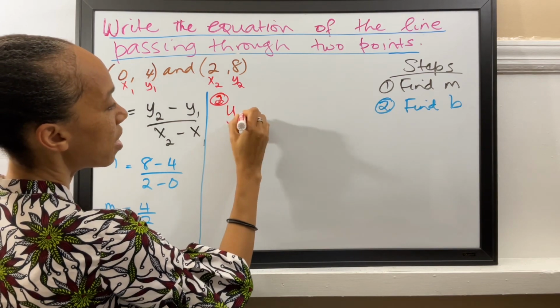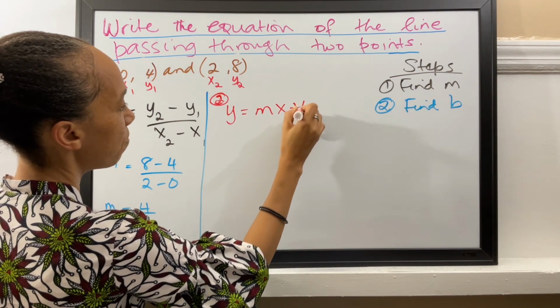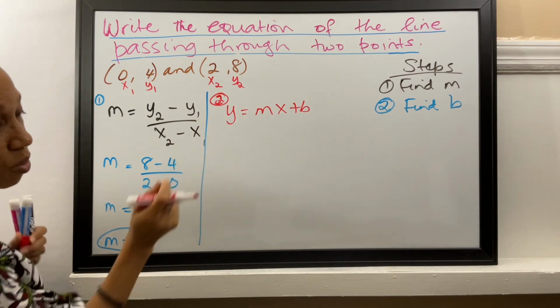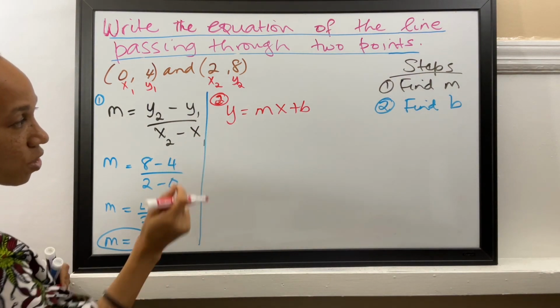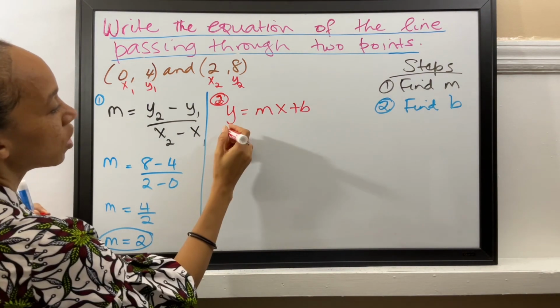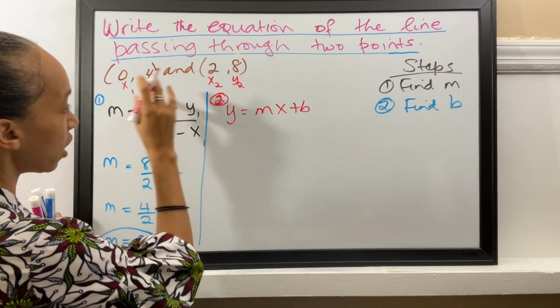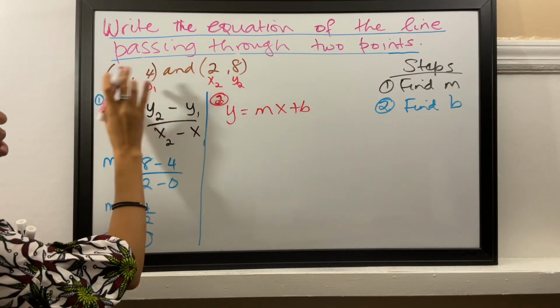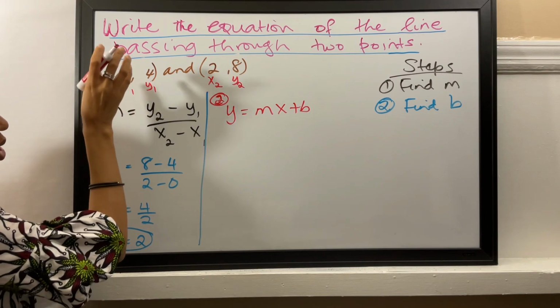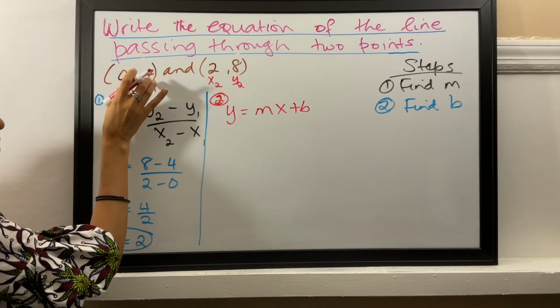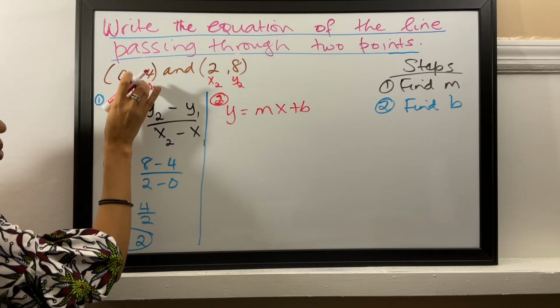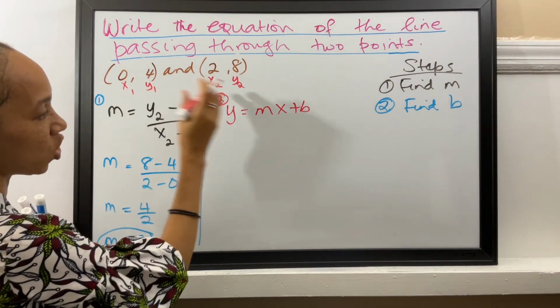All right, step 2. So y equals mx plus b. We need to write our equation in slope-intercept form. So we have y. We can choose any one of these two coordinates, but make sure you stick to the x value of one with the y value of that same one. Do not interchange them.